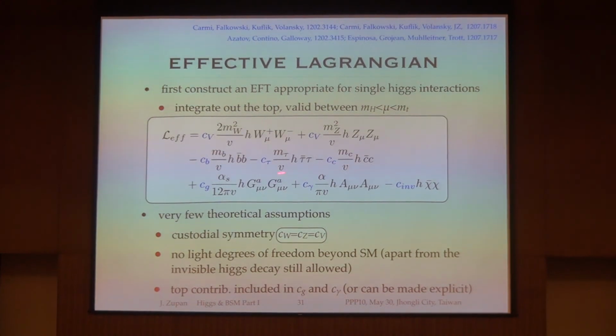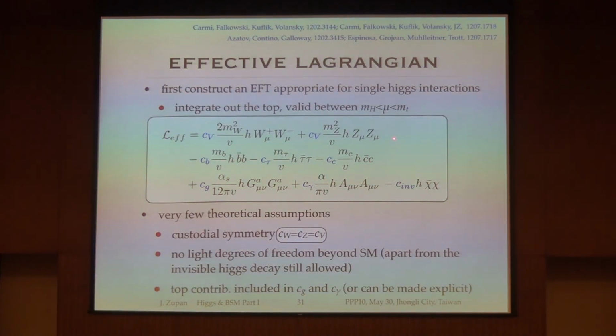You just write down all terms that you can possibly think of, where you have a single Higgs, so a single Higgs to a WW coupling, single Higgs to a ZZ coupling. The coefficient in front, CV, which is the unknown coefficient, will be 1 in the standard model. We also took the coupling to the W and the Z to be the same, so that's the custodial symmetry. Then you have different couplings to the b bbar, tau tau, c cbar.